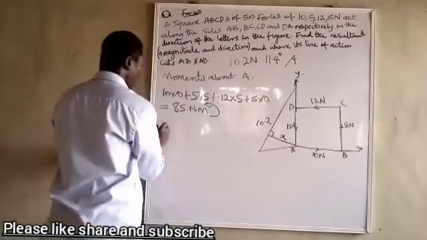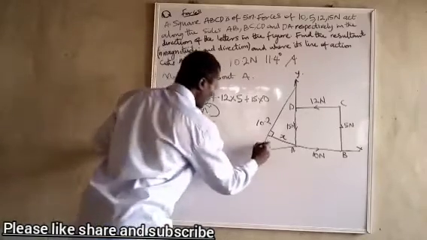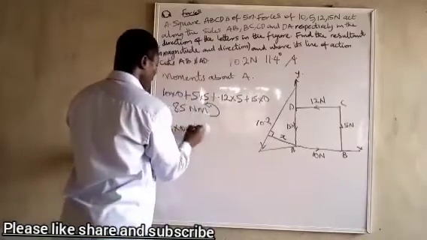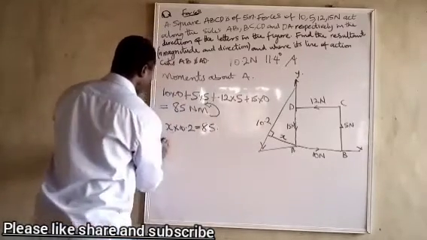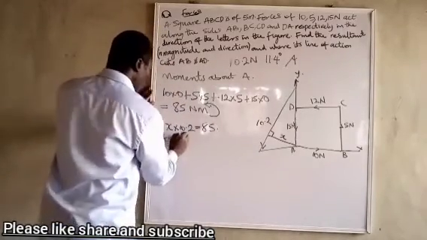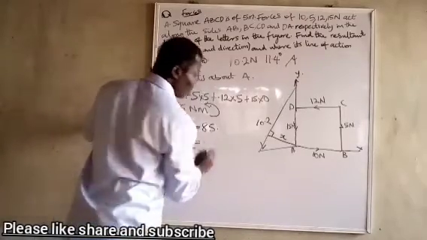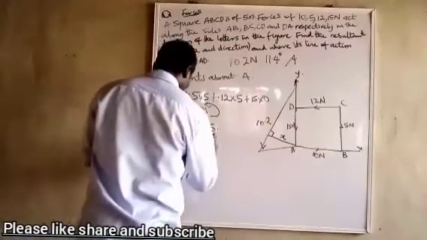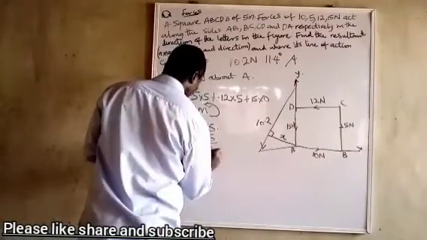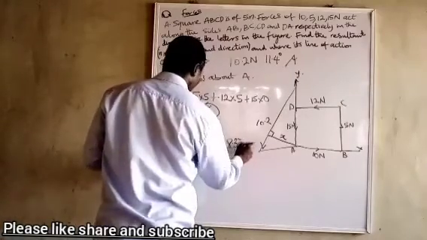Therefore, x times 10.2, because it is acting down like this, you can see, will be equal to 85. X is equal to 85 over 10.2. And what does that give us? It is equal to 25 over 3, which is 8.33 meters.